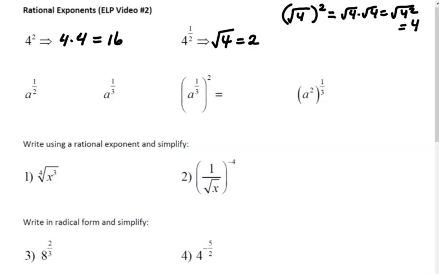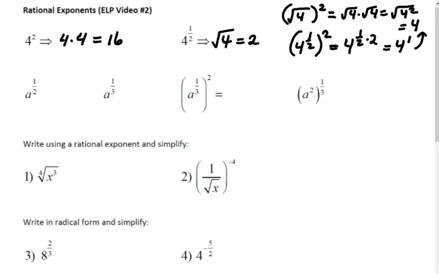But let's think about how this would look if we did it with rational exponents. We could say 4 to the 1/2 squared, since the square root of 4 is 4 to the 1/2. Well, when we raise a power to another power, we multiply the exponent. So this would be 4 to the 1/2 times 2. 4 to the 1/2 times 2 is 4 to the 1st, which is 4.